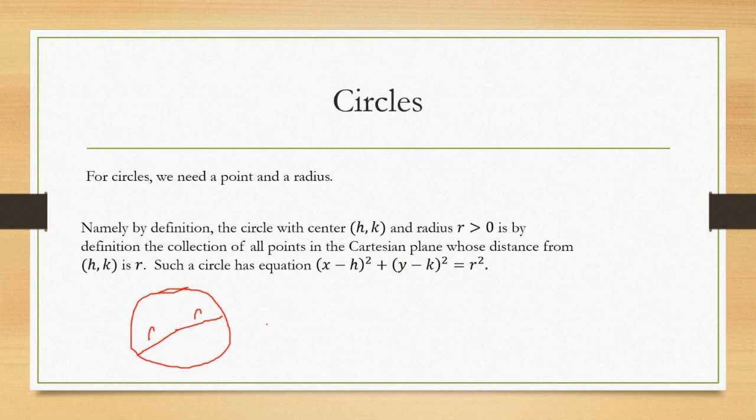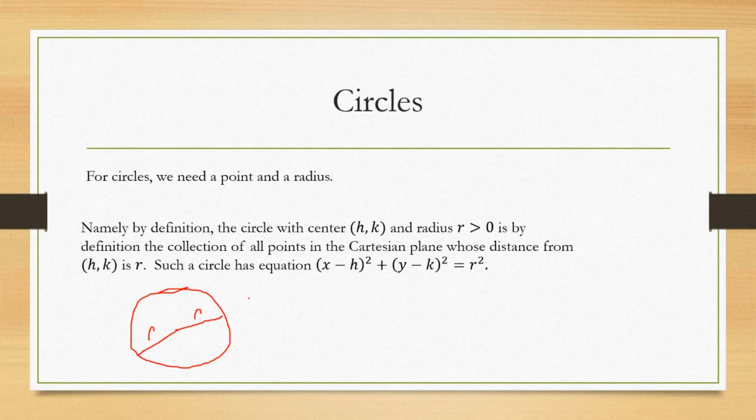All right, cool. That's what we get here. And it turns out the graph of such a circle is the graph of this equation. That's what turns out to happen.